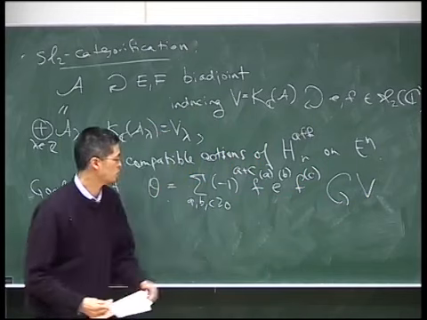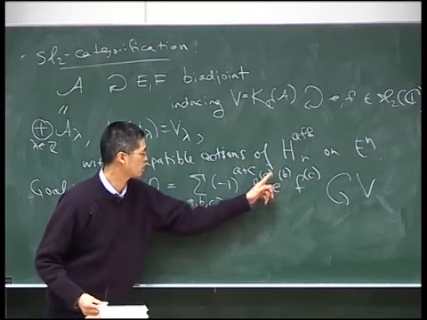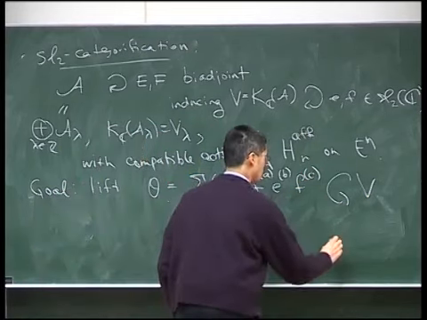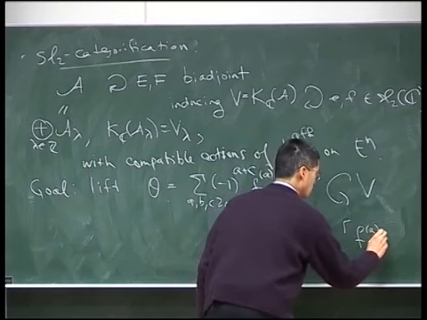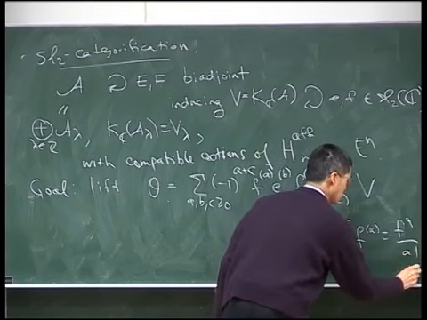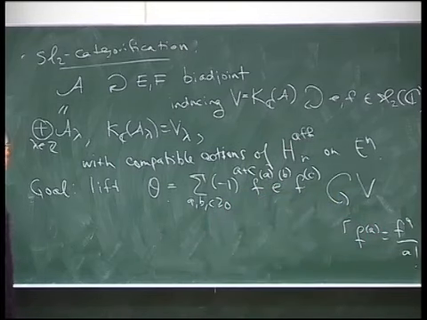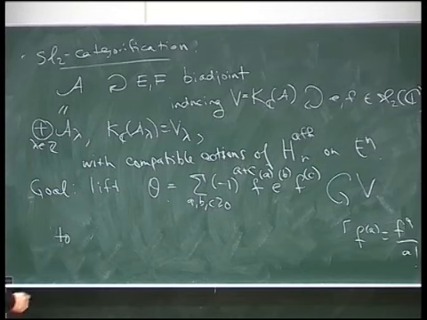Here I'm using the brackets to denote a divided power. To an automorphism of the derived category.